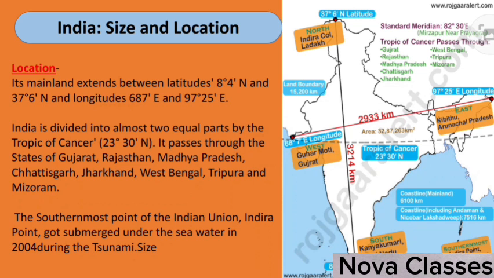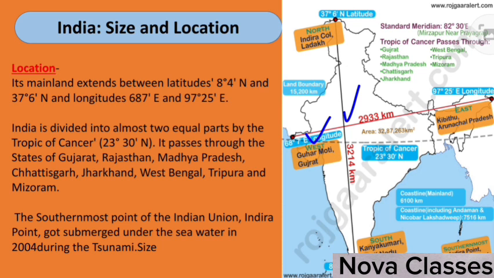So let us discuss how many states there are on that imaginary line. We can see that it starts from here. What is the name of that state? You can say it is Gujarat.